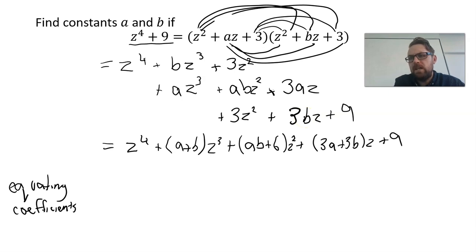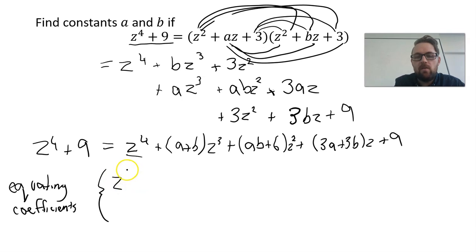So I'm going to write it down here: z to the power of 4 plus 9. The z to the power of 4 terms are equal, so we can leave that alone. When we look at z to the power of 3, on our left-hand side we don't have that, which means the left-hand side equals 0. On the right-hand side, it was a plus b.